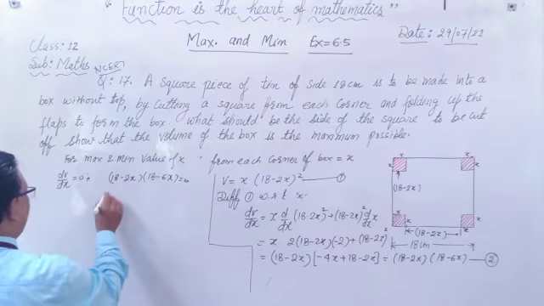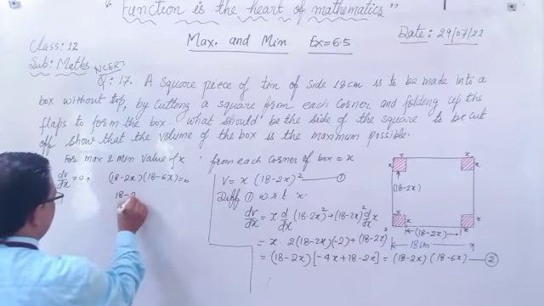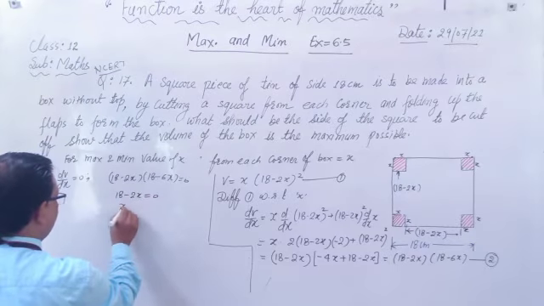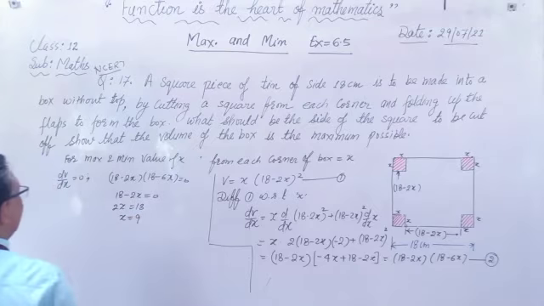If 18 minus 2x is equal to 0, then 2x is equal to 18, it means x is equal to 9. We find one value here, x is equal to 9.